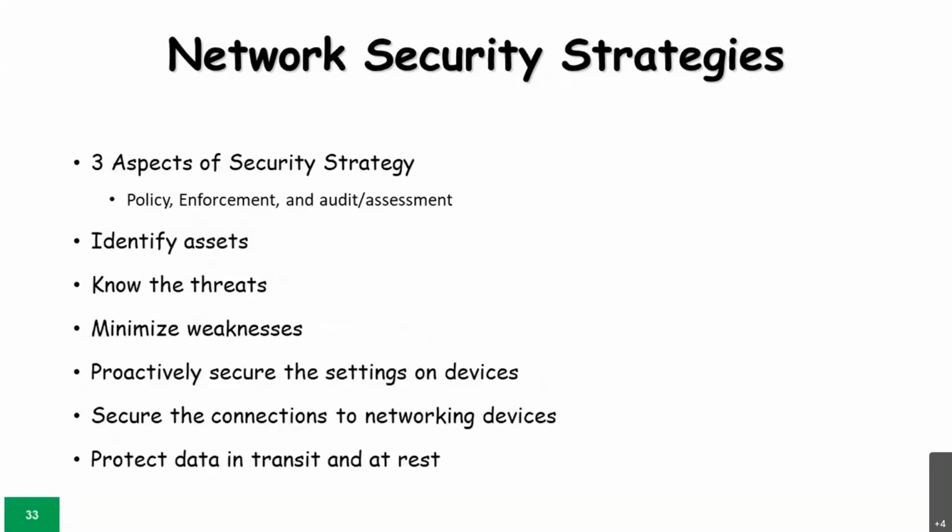These are the network security strategies. Three aspects of security strategy: policy enforcement and audit assessment. Identify assets, know the threats, minimize weakness, proactively secure the settings on devices, secure the connection to networking devices, and protect data in transit and at rest.